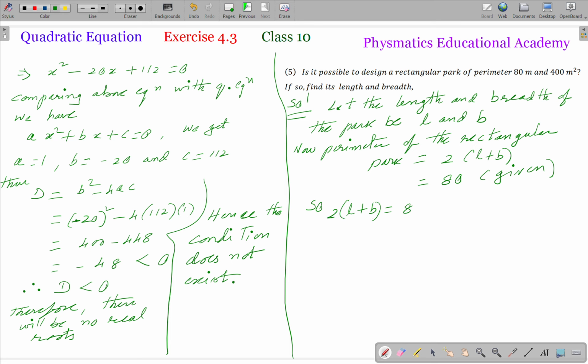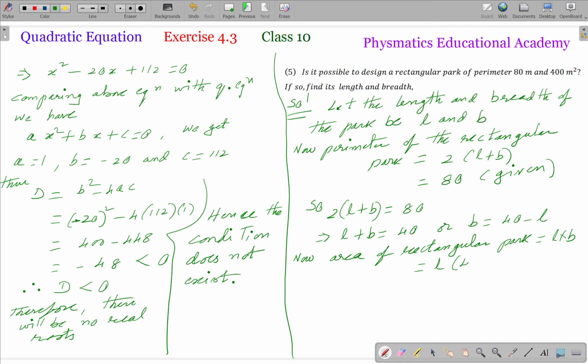So L plus B is equal to 40, or B is equal to 40 minus L. Now area of the rectangular park is equal to L into B, that is L into 40 minus L, since B is equal to 40 minus L, that is 40L minus L square.